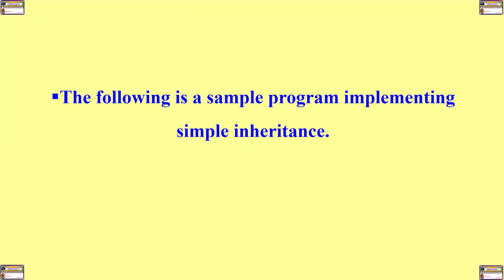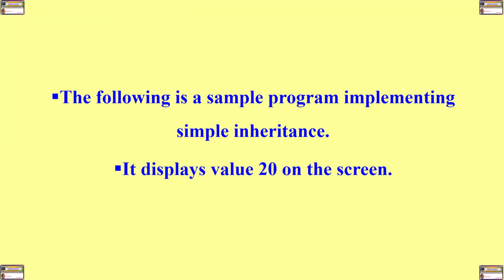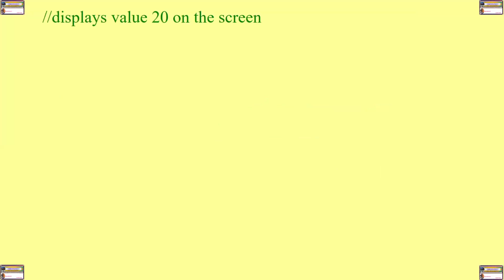The following is a sample program implementing simple inheritance, and it displays the value 20 on the screen. This program is almost similar to the one that we looked at in presentation number 36. The comment is: it displays value 20 on the screen.